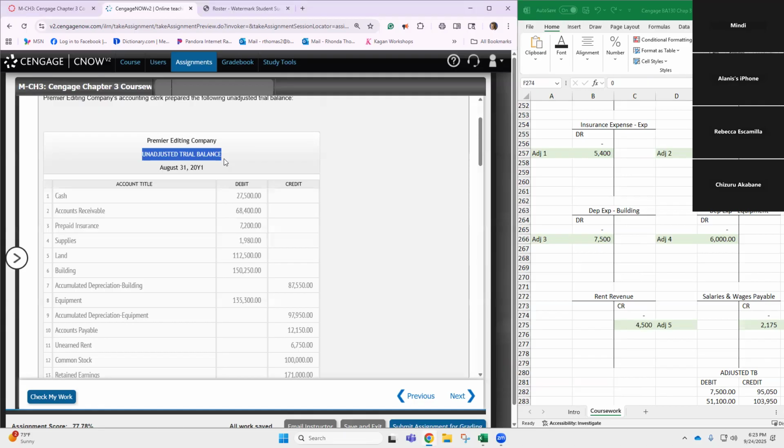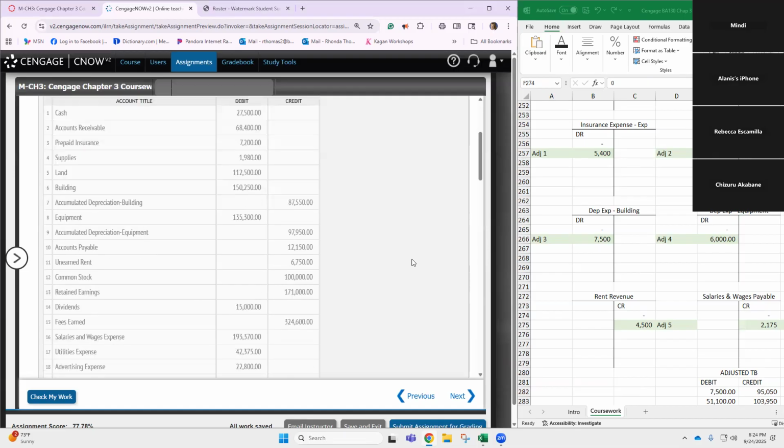We added about 6 accounts, I think, that have zeros in them because they're going to get used as we go through making adjustments. You don't usually show an account in a trial balance that has a 0. Okay, I would, just for simplicity's sake.